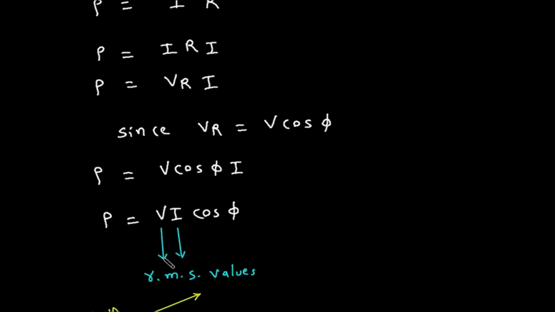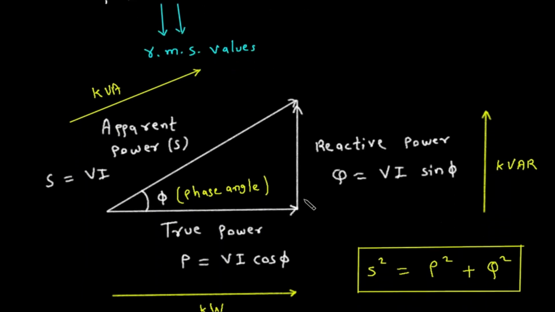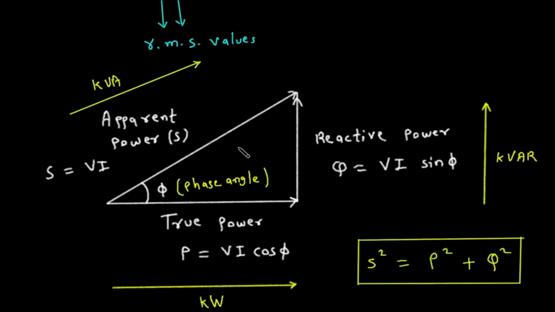Now this V and I are the RMS values. Now we will see the power triangle. So this is the apparent power, denoted by S. This is the phase angle phi and this is the reactive power, denoted by Q. True power is also called real power or active power, and is denoted by P. So S is equal to V into I. True power P is equal to VI cos phi.